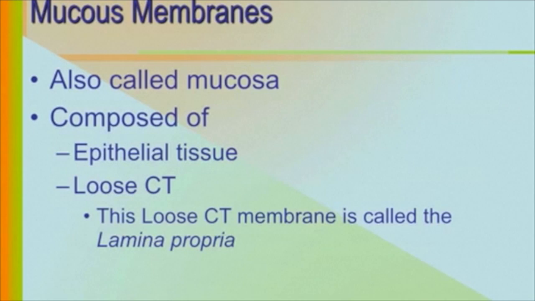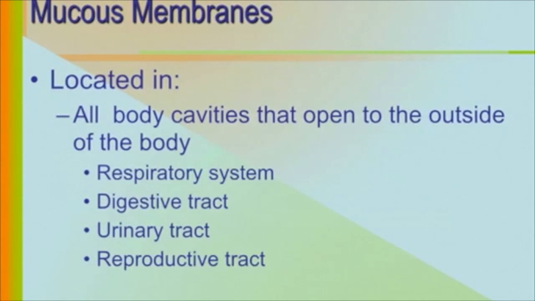Okay, remember I have already said this whenever I was giving a quick rundown, but we're going back over it again. Any body cavity that opens to the outside will be lined with a mucous membrane, or mucosa. These are classified based on the fact that they open to an outside position of the body.